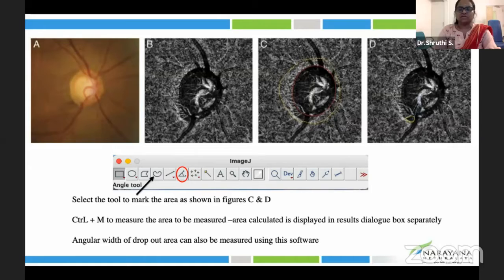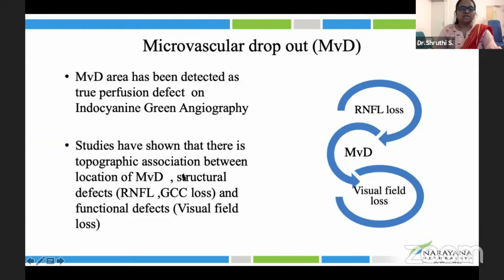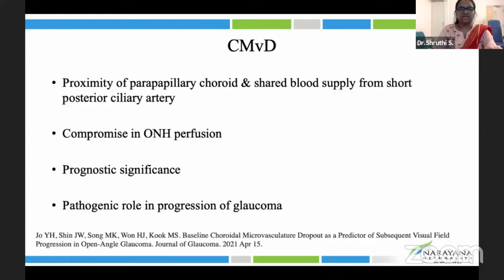We can also see the angular width of the dropout area, which can be measured using the same software with this tool. So microvascular dropout area has been detected as a true perfusion defect on indocyanine green angiography. Studies have shown that there is a topographic association between the location of microvascular dropout, its structural defects, and the functional defects.